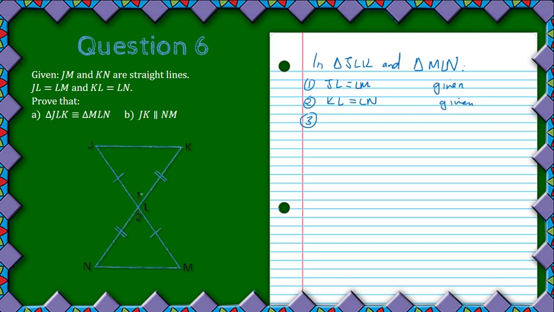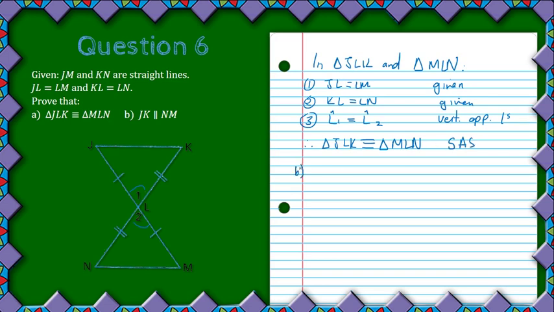And finally, we can see that these two are vertically opposite angles, so they will be equal. So angle L1 is equal to angle L2, vertically opposite angles. Right, so therefore, triangle JLK is congruent to triangle MLN, and we have two sides and an angle, so our reason will be side, angle, side.